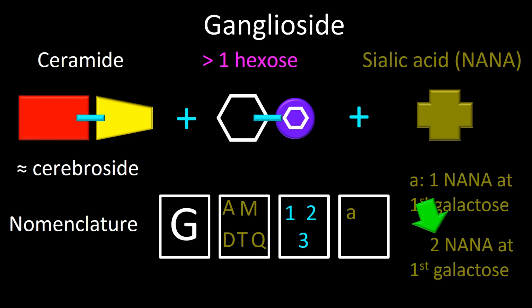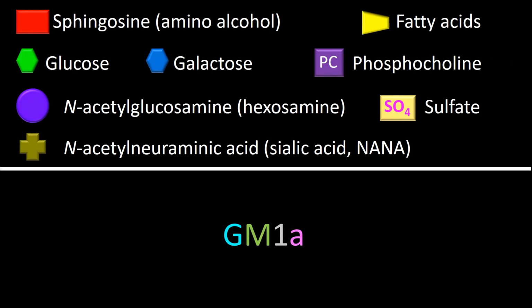If 2, we use the letter B, which we also place in the bucket, as you can see here. So each placement in a GM1A indicates a specific meaning.